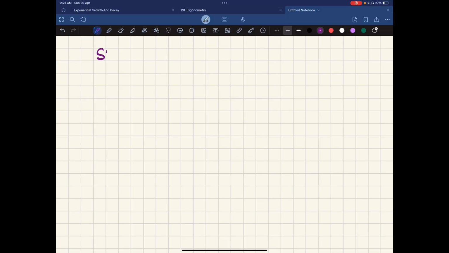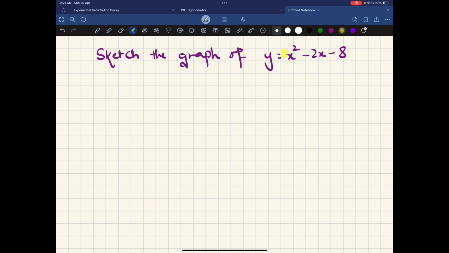So for example, sketch the graph of y equals x squared minus 2x minus 8. First step: the coefficient of x squared is positive, so our graph is going to be U-shaped.